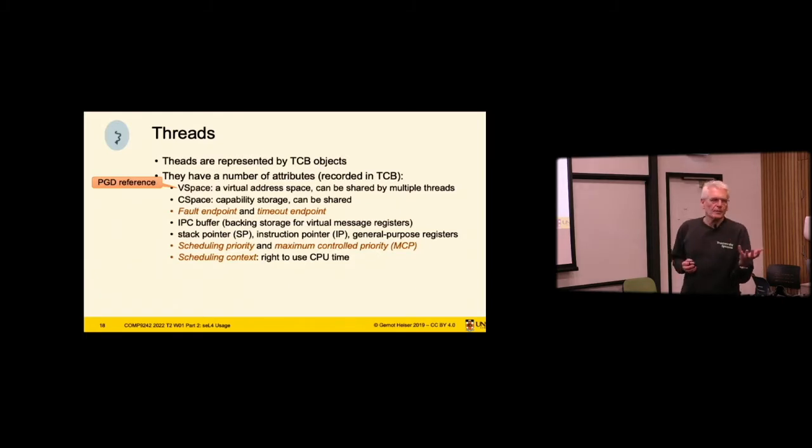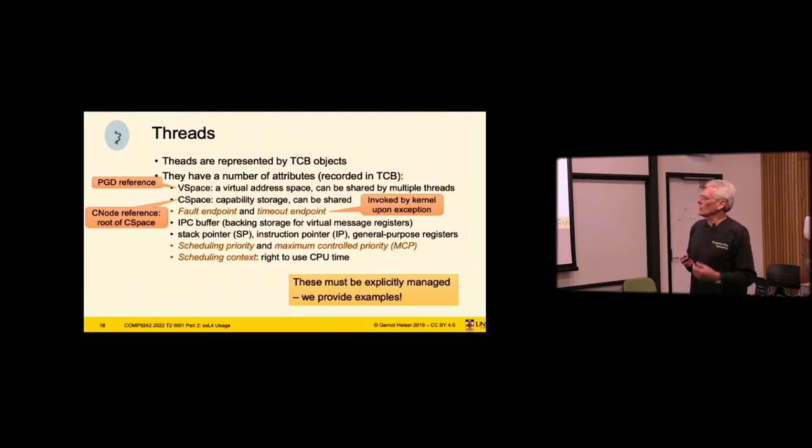So the V space, as I said, is represented by the capability to the page global directory, the C space by a C node reference, which represents the top level of the C space data structure, fault endpoints for exception handling. Then there's the IPC buffer.